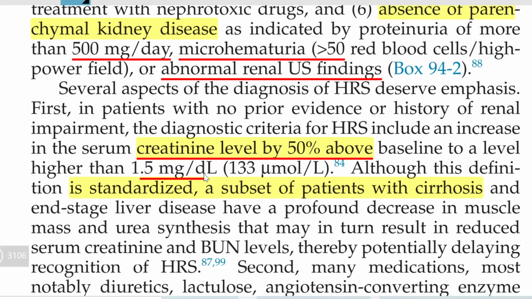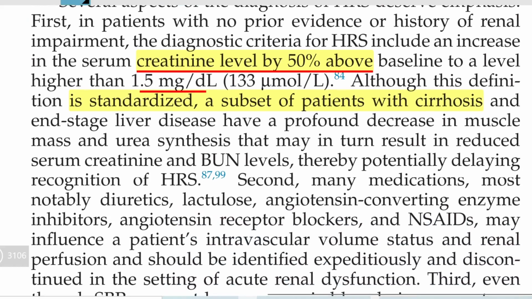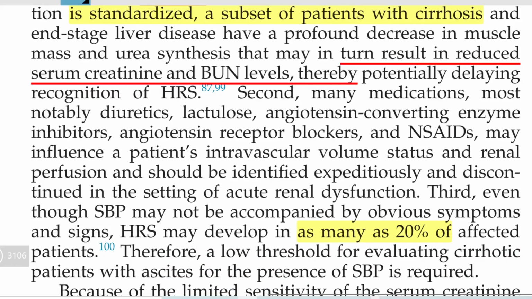Although this definition is standardized, a subset of patients with cirrhosis and end-stage liver disease have a profound decrease in muscle mass and urea synthesis that may in turn result in reduced serum creatinine and BUN levels, thereby potentially delaying the recognition of HRS.